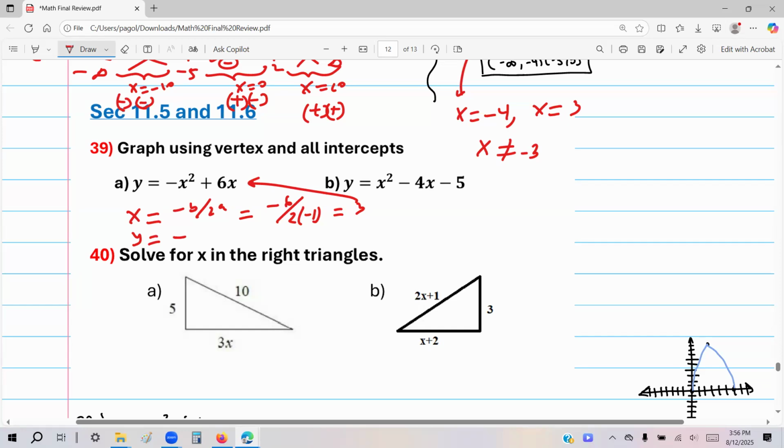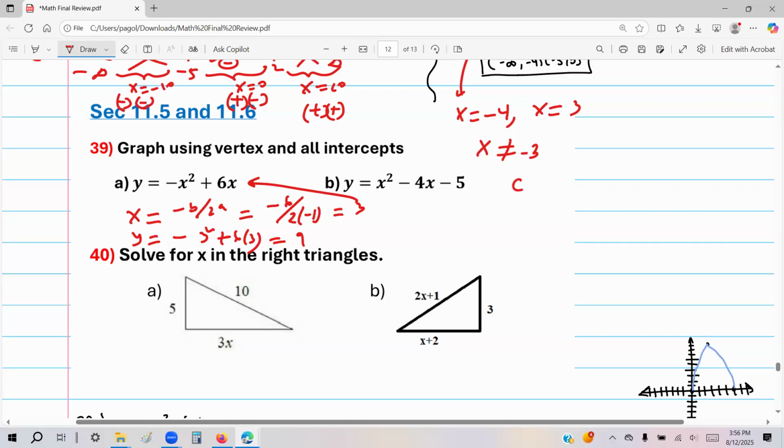So it's -3 squared plus 6 times 3: -9 plus 18, 9. Plug it in and figure out the plot. For x-intercept, you set y equals 0, factor, and solve. For y-intercept, x is 0, so y is 0.